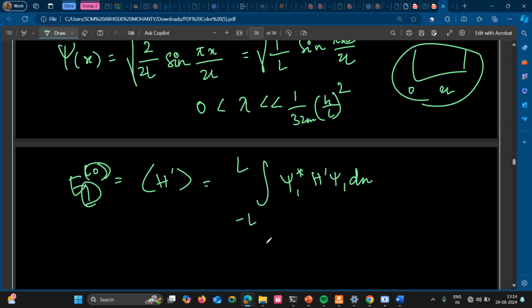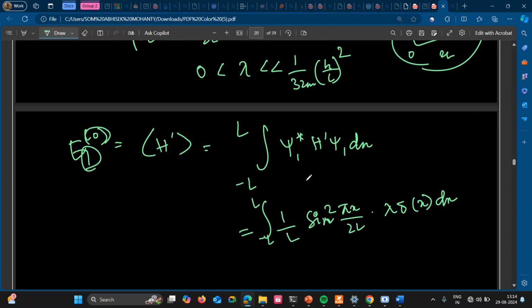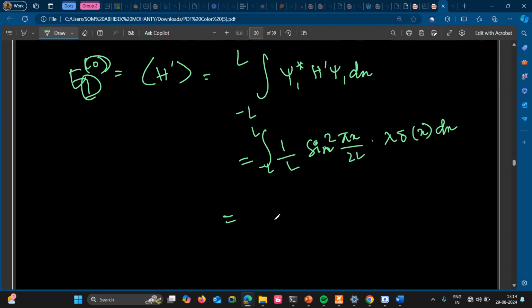It's not defined otherwise, so minus L to L. So simply 1 by L sine square pi x by 2L, and the delta function potential lambda delta x dx, from minus L to L. Let's take all the constants out: 1 by L into lambda, and the integral of sine square pi x by 2L.